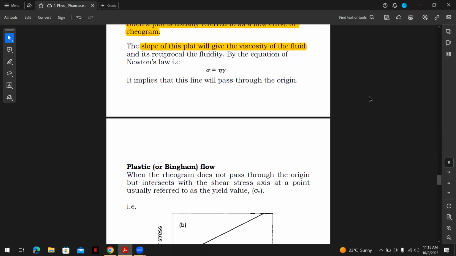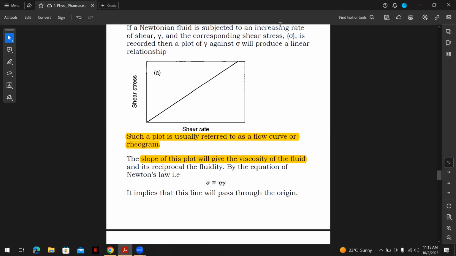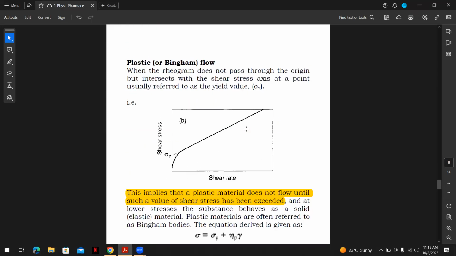So just a recap: we saw the flow of Newtonian fluids, where the relationship is a straight line that starts from the origin. For the plastic or Bingham flow, the rheogram does not pass through the origin, but intersects the shear stress axis at a point, usually referred to as the yield value.